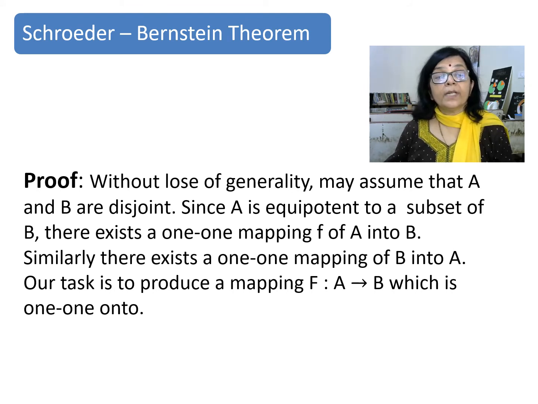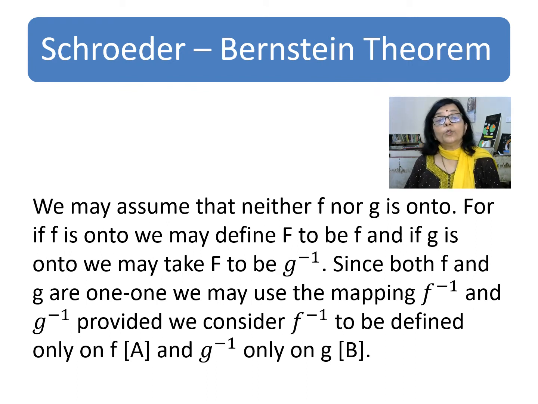In the previous lecture, we have learned 1-1 and onto. If the range, that is the image of elements of the domain, is equal to the codomain, then the mapping is onto. And if the images of different elements of the domain are different, then it is 1-1. We may assume that neither f nor g is onto.